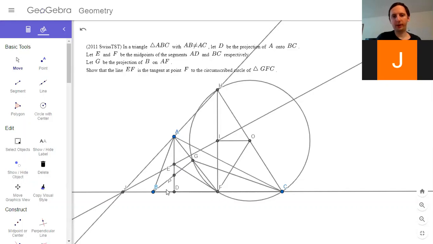Yeah, we want to show angle EFD is equal to angle CHF, which is equal to angle CGF.